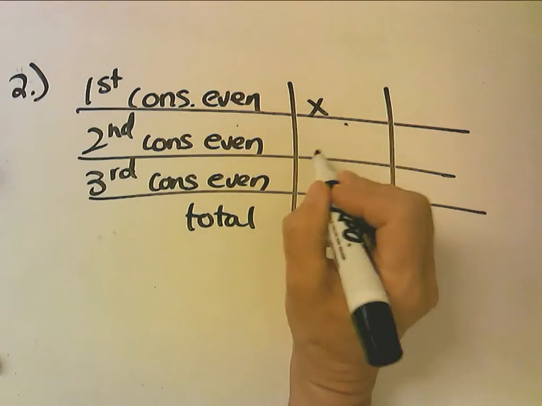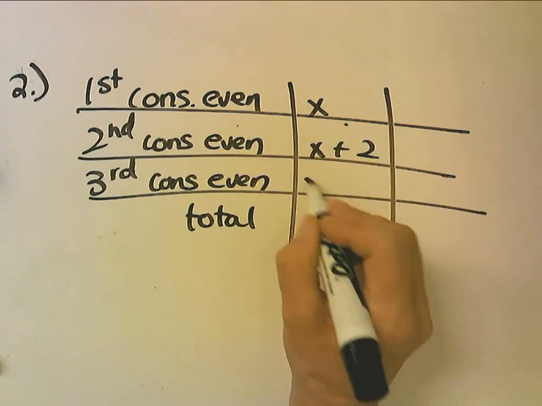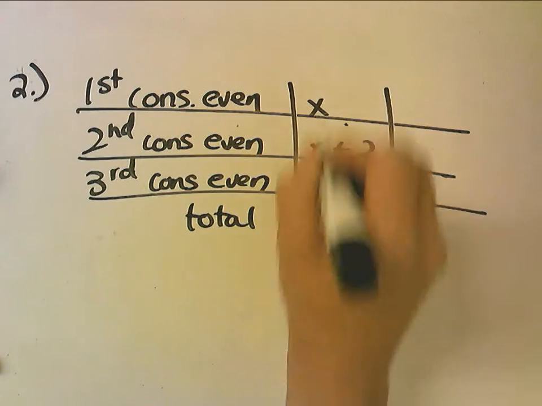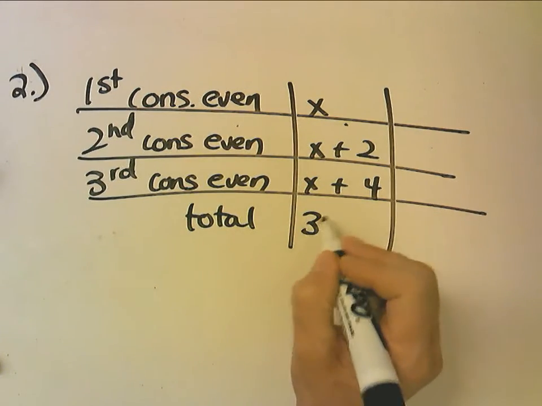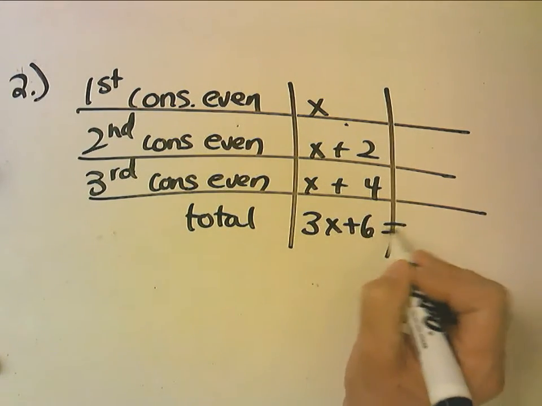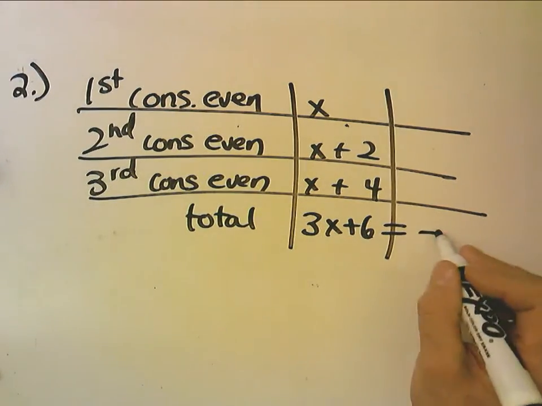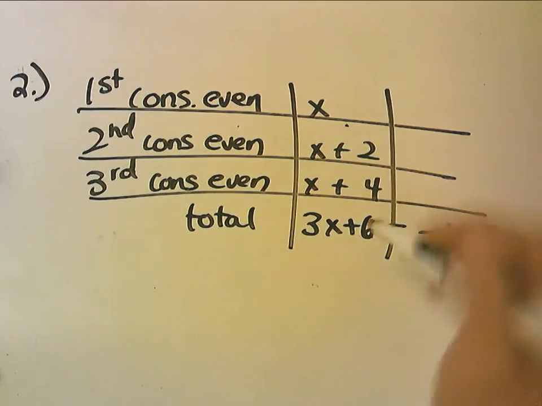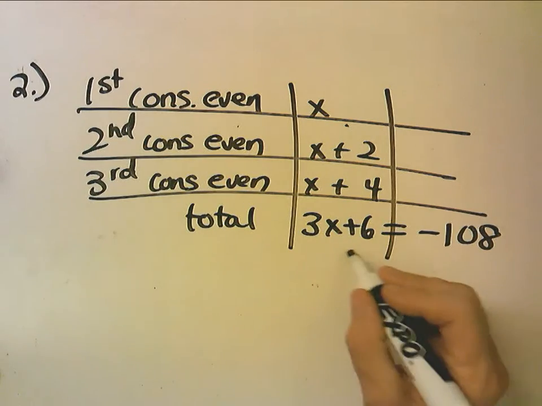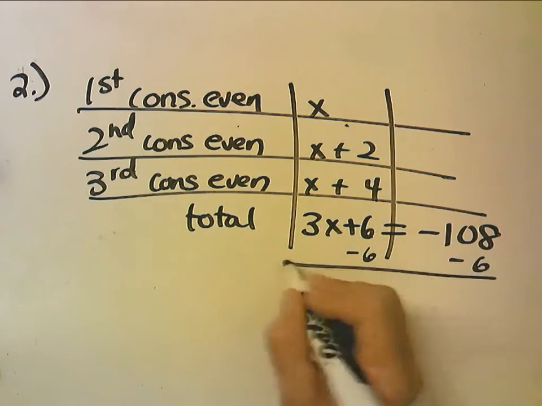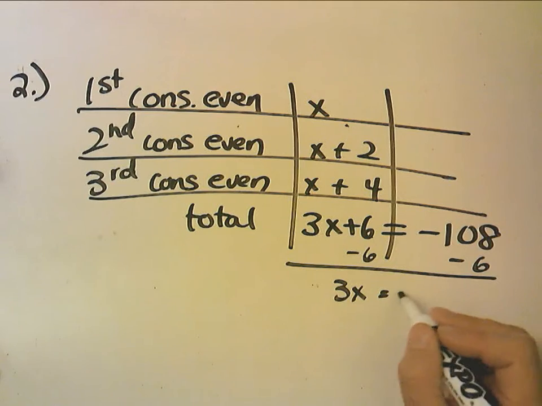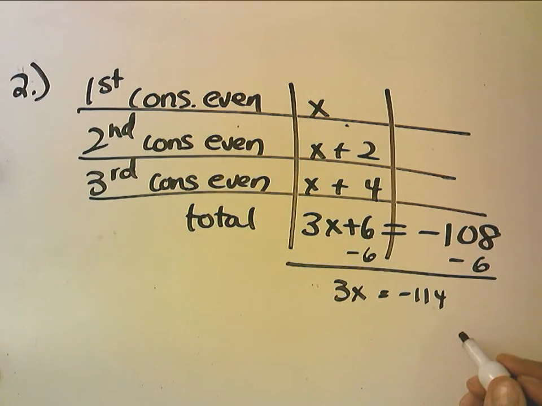So if my first is x, my second is x plus 2, my third is x plus 4, add my x's together, it's 3x plus 6. And in this case, it tells us the total is negative 108. So again, it flows into an equation. I subtract 6. Now divide by 3.